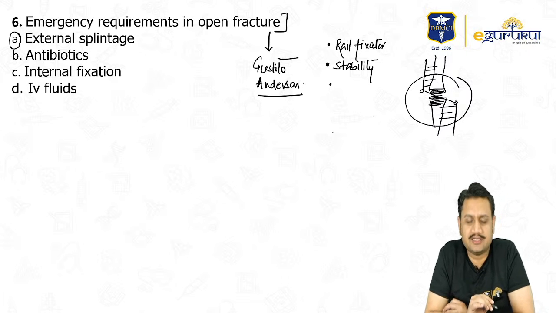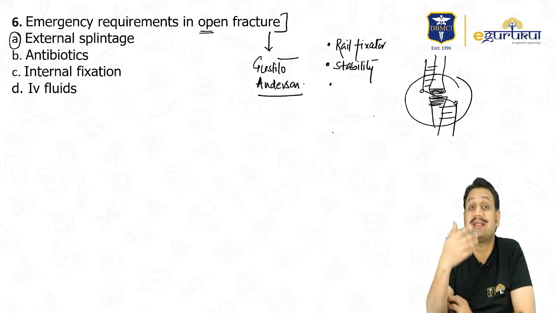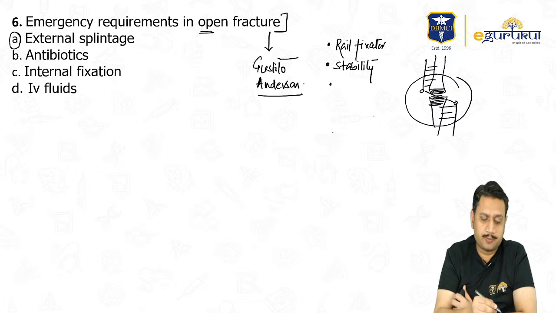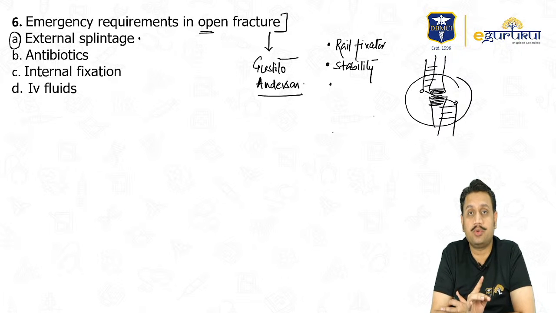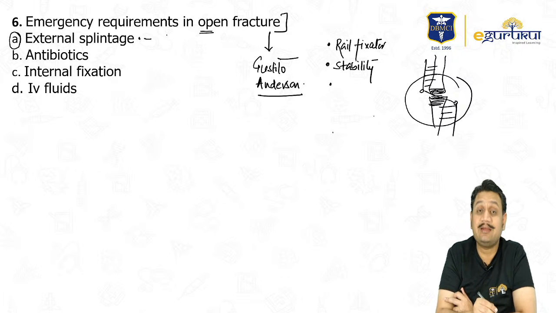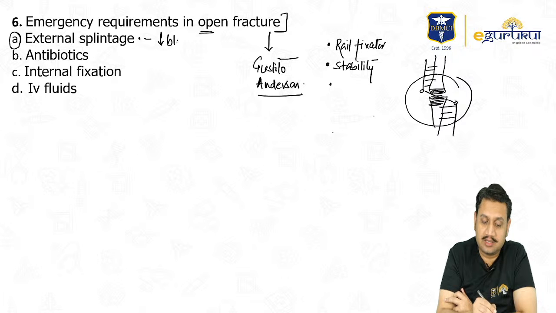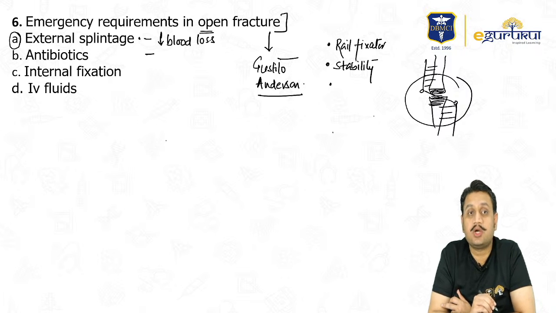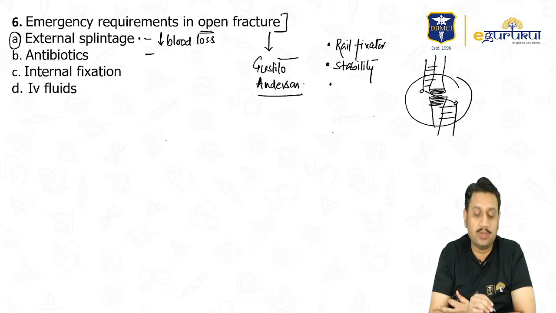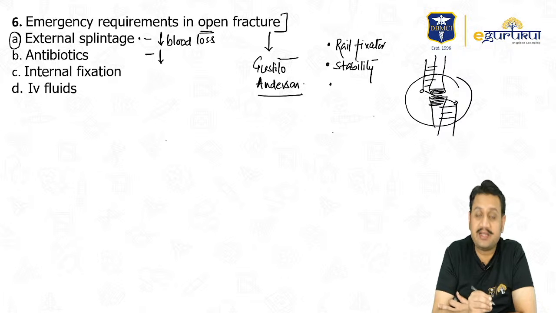Now what is the advantage? Whenever there is an open fracture, or whenever there is a fracture overall, splintage plays a very important role. What is that role? It will help in decreasing your blood loss, the most important thing. It will also help in decreasing the chances of complications like fat embolism syndrome, isn't it?